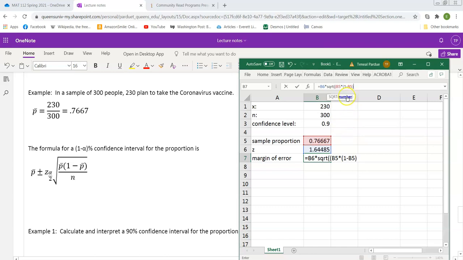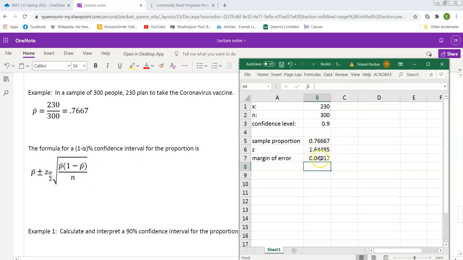So we'll close this parentheses. Now we need to close the one that separates the numerator from the denominator. And now we need to divide by the sample size. And now if we close that parentheses, then we've closed the square root. And that tells us that we've got all of this under the radical, right?